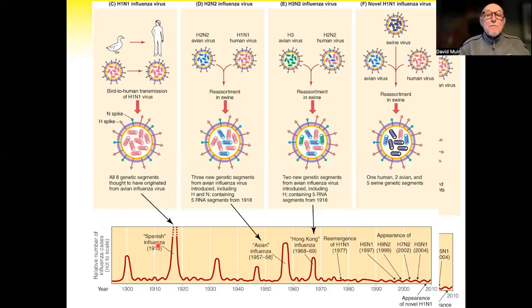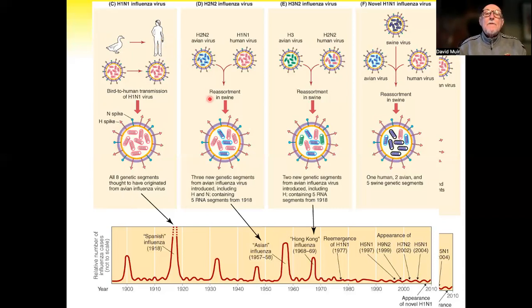So this is the so-called Spanish influenza. 1918 was the major mortality, but it had been around for some years before then. So in this case, there's no reassortment. This is a bird flu, plain and simple. But it's a bird flu that had enough mutations that it could allow human-to-human transmission.